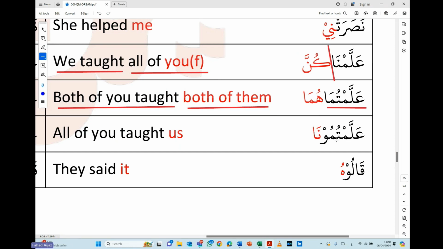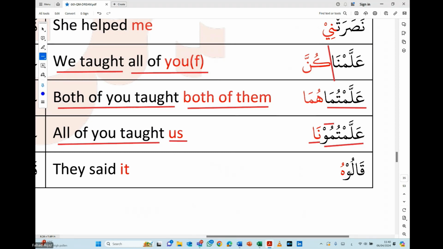It was allamtum, and then it was na. Because of smoothness, they've put the waw, and that's why the meem also takes the dhamma. Is that clear? Clear. Very good. So allamtumuna is "all of you taught us"; na is the attached form of nahnu, us.